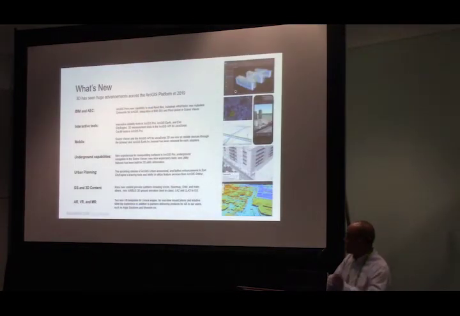Now I'm going to just cut to the chase because we have very limited time and we have 2 presenters here. I'll just go through the things that we've been working on this year and highlight some of the areas. So 3D in 2018 and 19 has seen huge growth. And one of the areas that has been actually a monumental shift or change in our opinion is BIM and AEC.